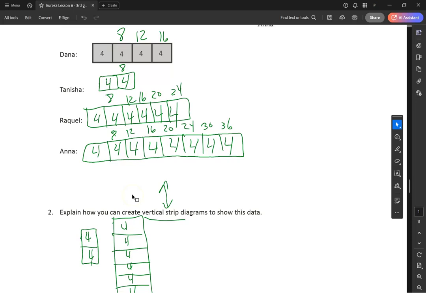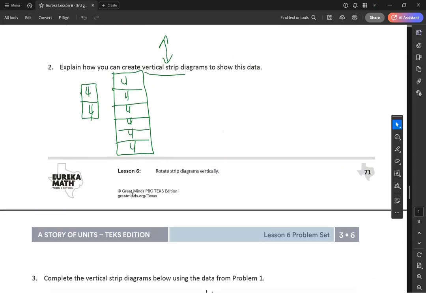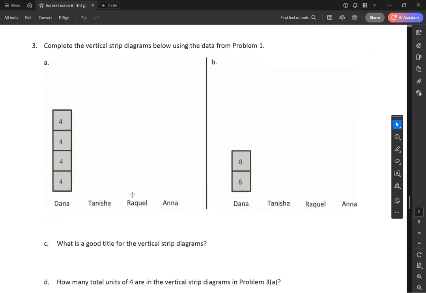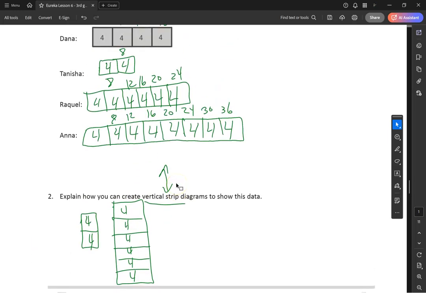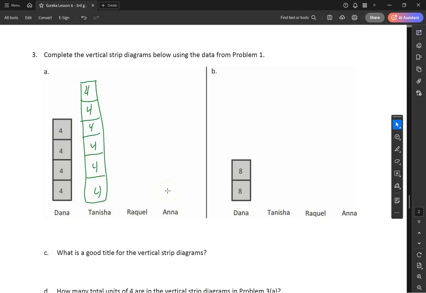So Tanisha had 6 4s, so that's what I'm going to do. Say 1, 2, 3, 4, 5, 6. Okay, and then we have Raquel had. Oh, I did that wrong, didn't I? Sure did.